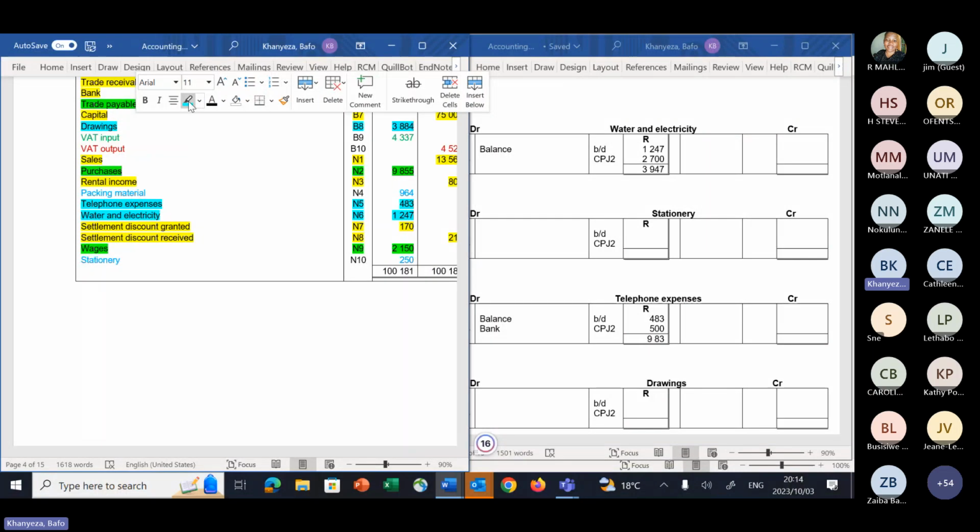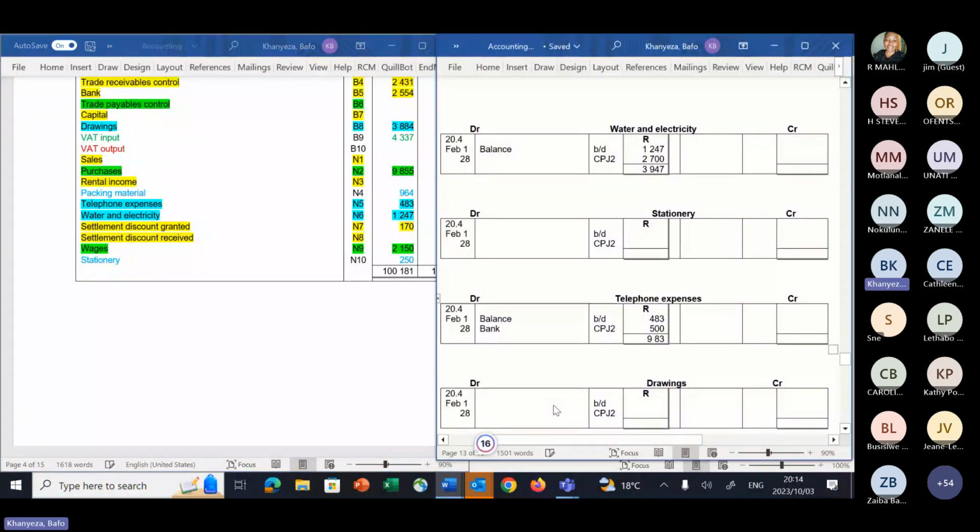Drawings 3884. Drawings are on the debit side because they are a reduction on equity, which is on the credit side. The balance of how much? 2150 and how much did we have here?